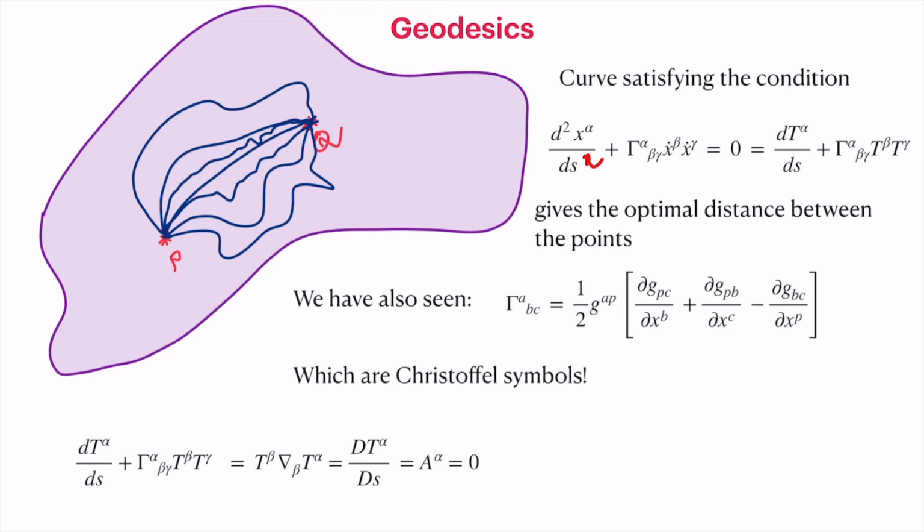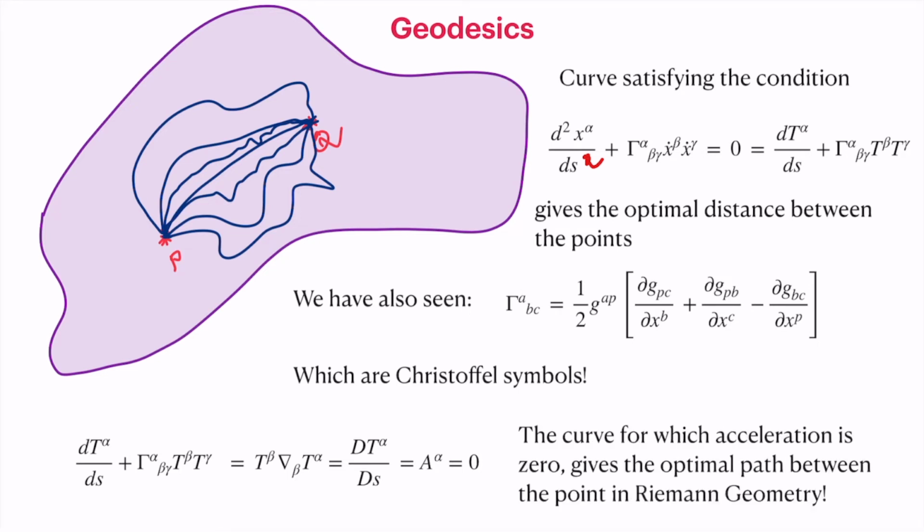So that is one of the interesting results. Now, in short, what we have is that the curve for which acceleration is 0 gives us the optimal path between 2 points in the Riemannian geometry. You can come to this result by optimizing the distance, or you can optimize the Lagrangian, and eventually the result states that if the acceleration is 0, then it gives you the optimal path between the two given points P and Q.